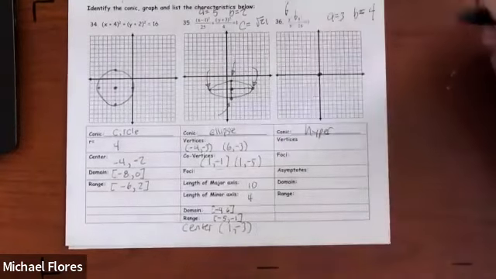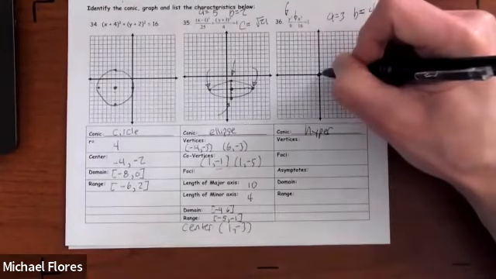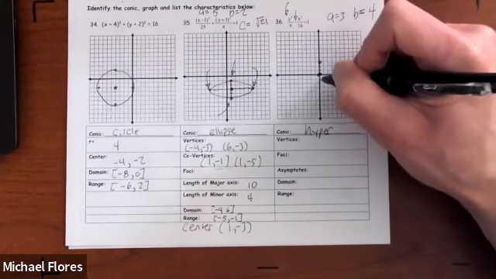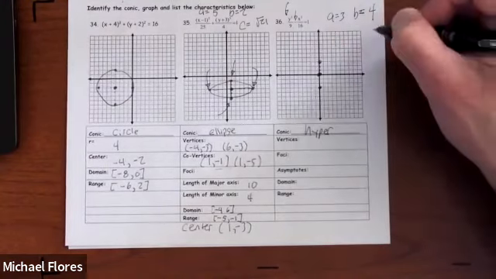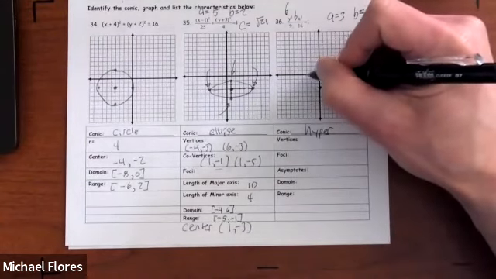Notice it starts with y squared, so this is going to be a vertical hyperbola. So you're going to want to go from the origin, or from the center, up 3, down 3. And to plot your co-vertices, we're going to go right 4 and left 4.